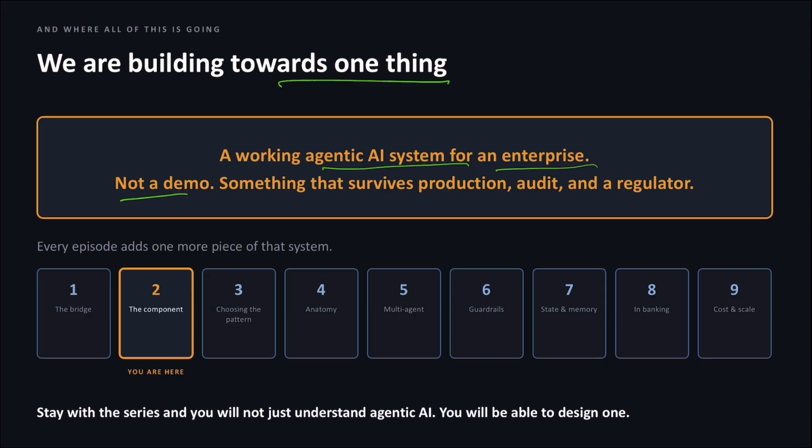Banks are doing pilots, but those pilots are not surviving in production. We want something to survive in production, audit, and a regulator. So every episode adds one more piece of that system. This episode, you are here: the component, the LLM, the marriage we discussed. So stay with this series, and you will not just understand agentic AI, you will be able to design one. Thank you. See you in the next video.